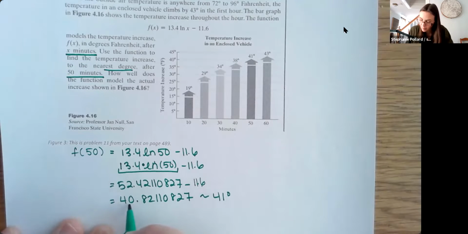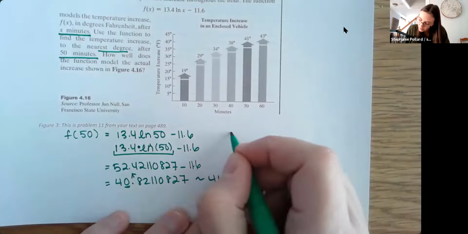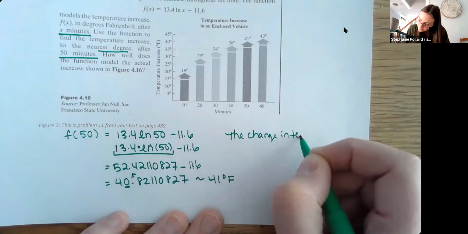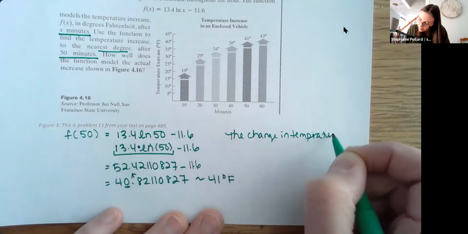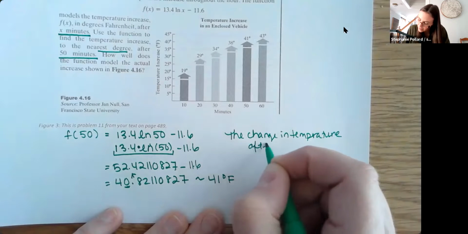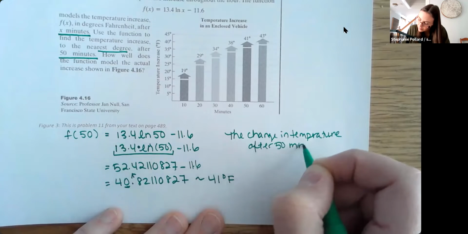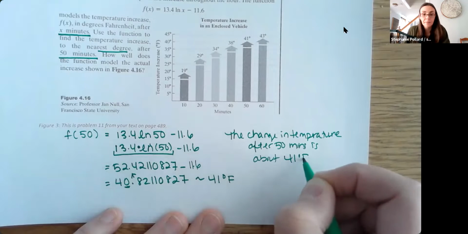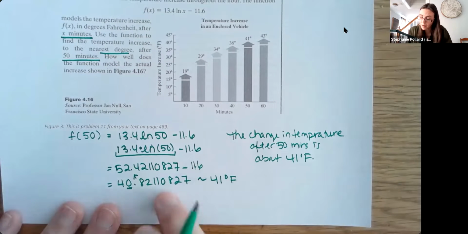And again, this would bump up because of the 8. So the change in temperature after 50 minutes is about 41 degrees Fahrenheit based on our model.